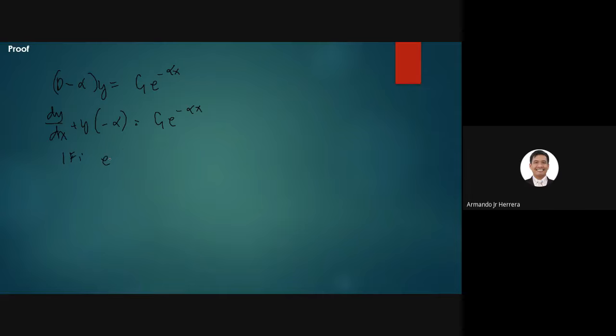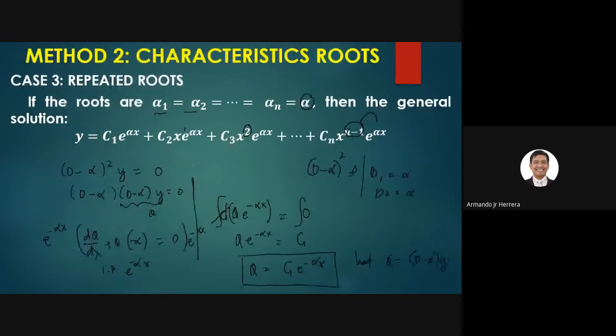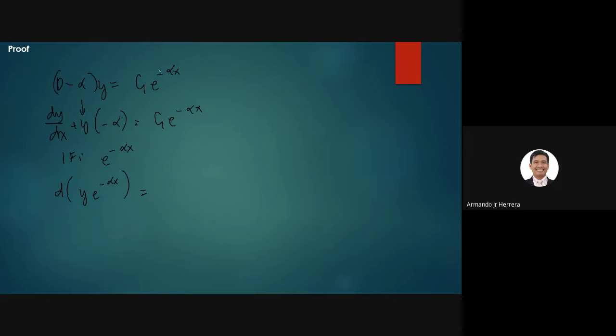So our integrating factor is e to the negative alpha x again. So this is the derivative of the dependent y and the integrating factor e raised to negative alpha x. This should be positive, because we multiply by it, so this must be positive. Okay, sorry. So when we multiply it by our e raised to negative alpha x, that's the derivative of y e to the negative alpha x is equal to c1.